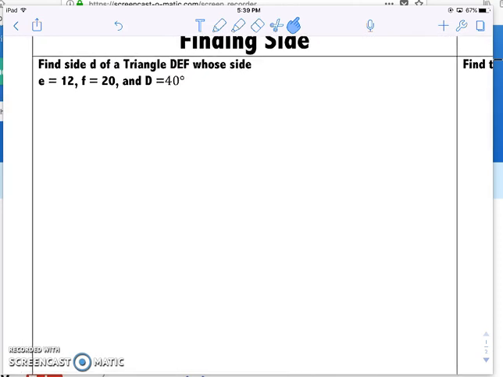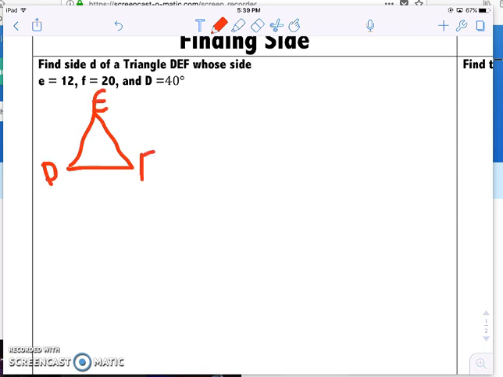So let's take a look at this one. Find d of triangle DEF. Little e is 12, little f is 20, and angle D is 40. And we're trying to find d over here. So we can set this up.